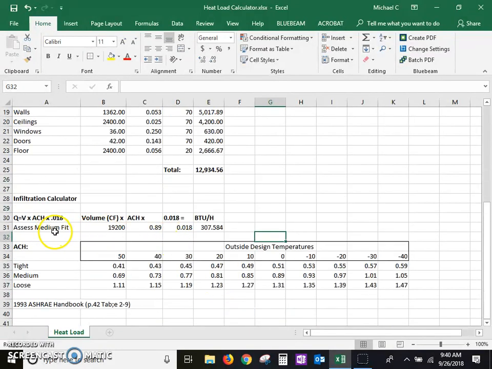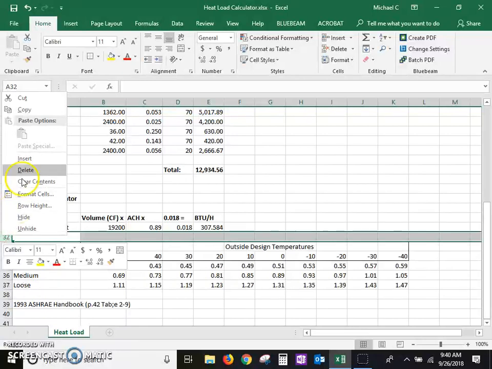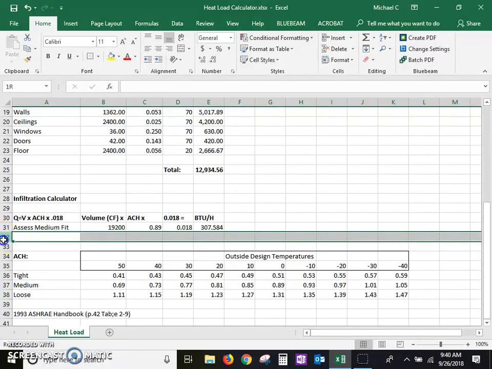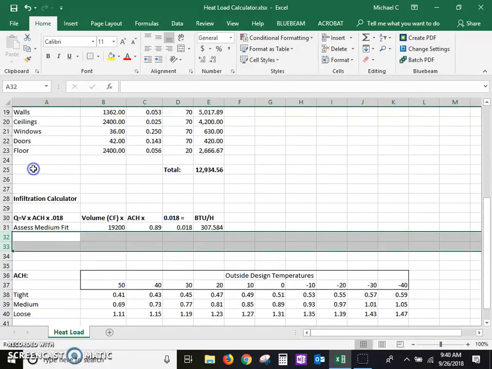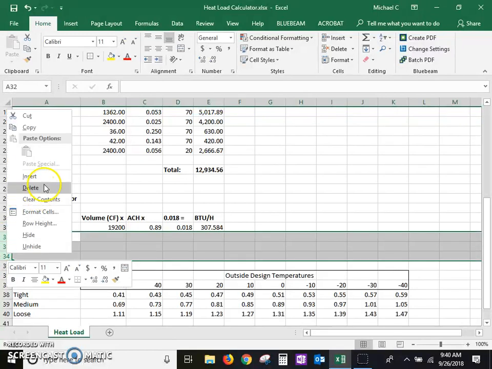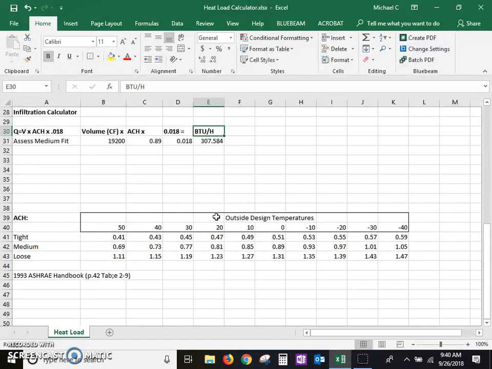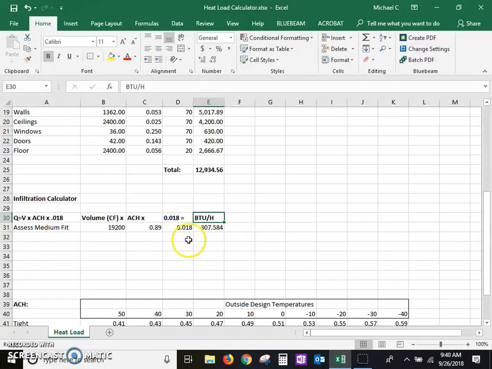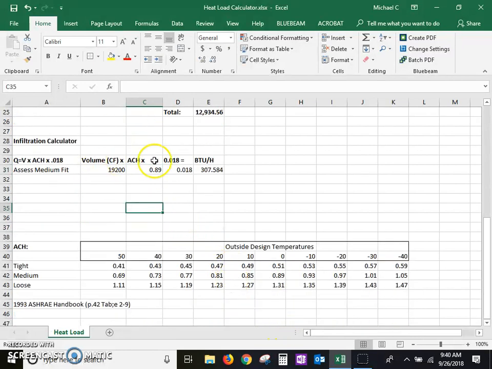I guess I should have left myself a little more space in here. I'm going to insert a couple rows. The nice thing with Excel is when you move things around, the formulas kind of adjust for that. You can see like this air change per hour, retain that link even though I moved it down a couple rows now.